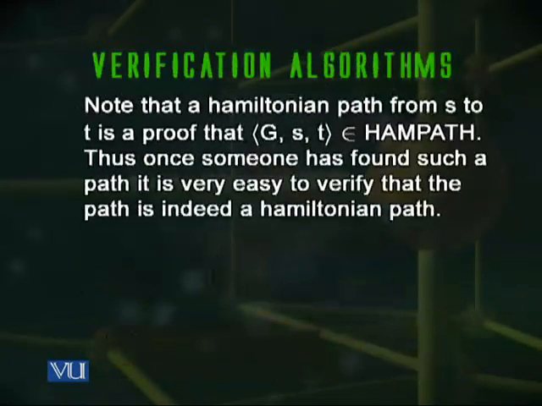Now note that if there is a Hamiltonian path from S to T, then we can give that path, or those n vertices, to this verifier and it will accept that. If someone has found such a path, it is very easy to verify that it is a Hamiltonian path.